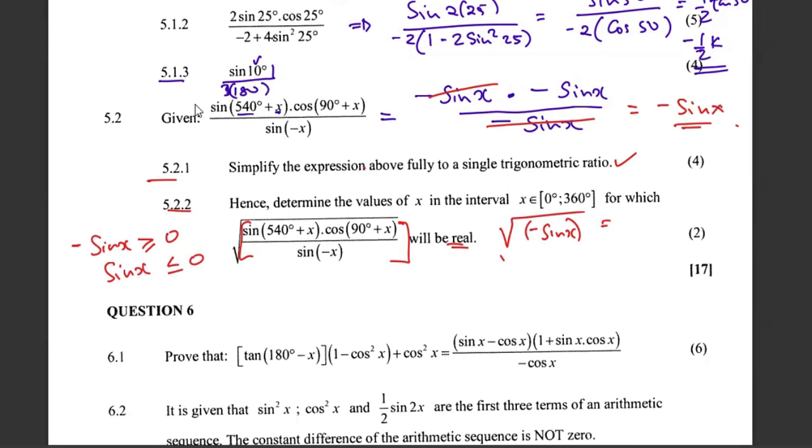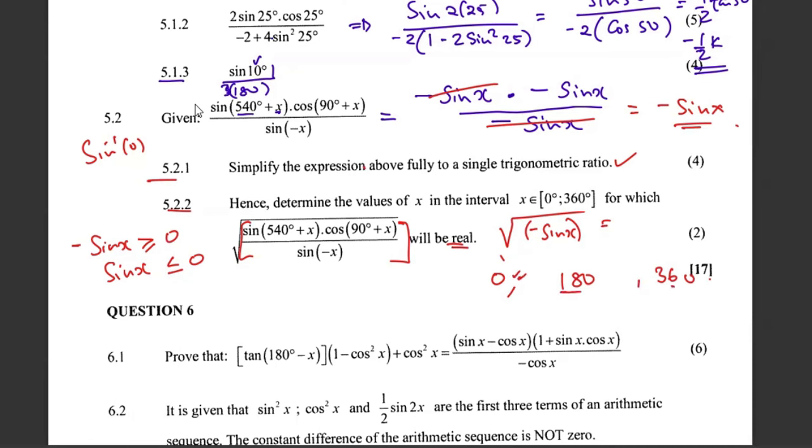And then what is the reference angle? The shift sine of 0. Okay, the first value I'll get will be 0. The next value I'll get will be 180, and then the last value I'll get will be 360. Now, if I say less or equal to 0, the 0 part is already covered.